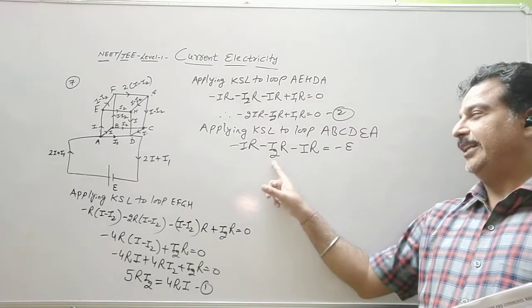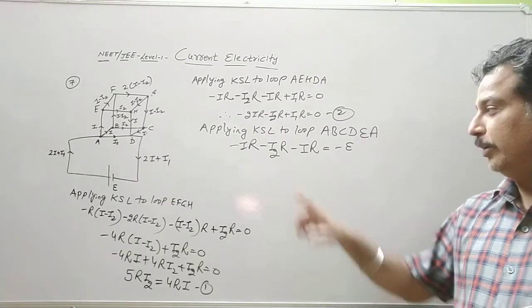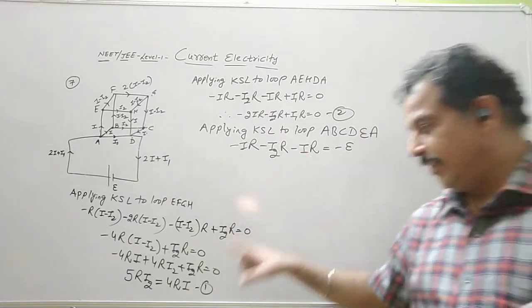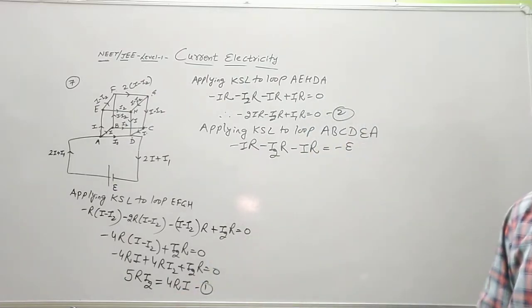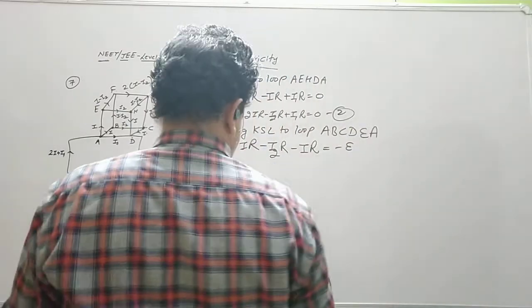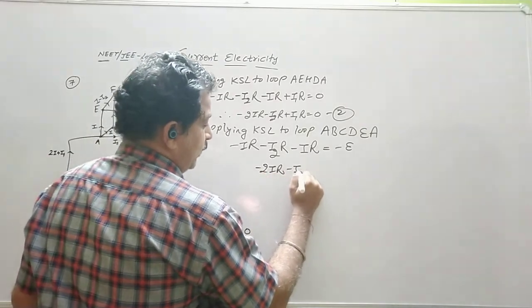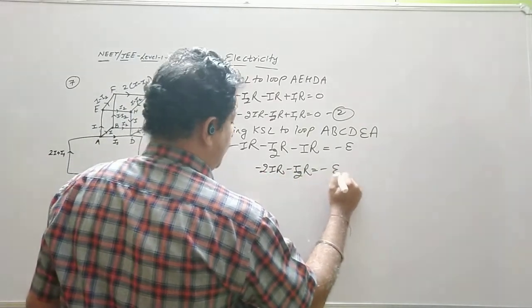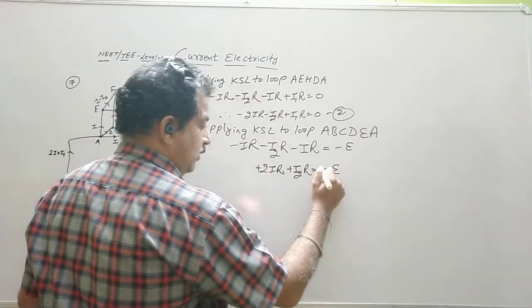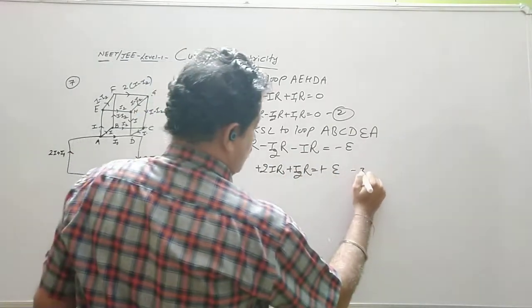Now this I2 has a relation with I in this equation. So from this, first we will write minus 2IR minus I2R is equal to minus E. Minus minus is cancelled. So this is equation number 3.